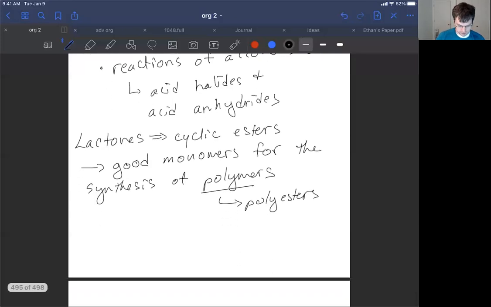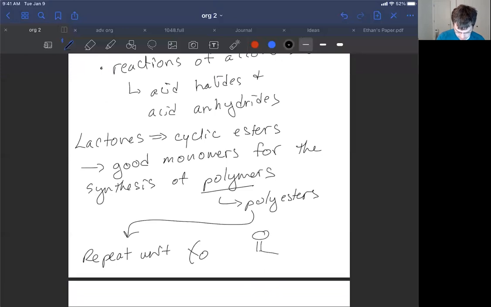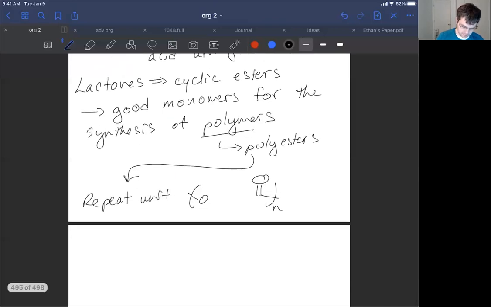Okay, so polyesters look like this. We could talk about the repeat unit of polyesters. What we have is an O on one side of our repeat unit, and then a carbonyl on the other side of our repeat unit. And then we have a bunch of stuff in the middle. That's a polyester. It's awkward to put R groups, and it's also awkward to define chains.